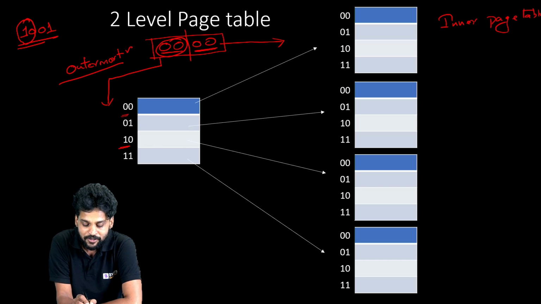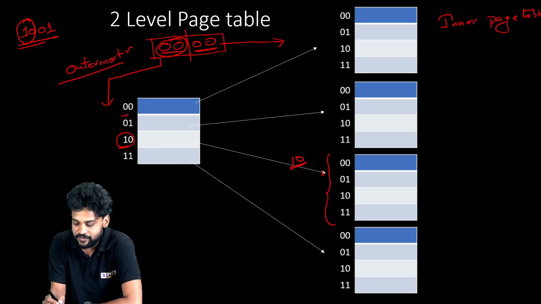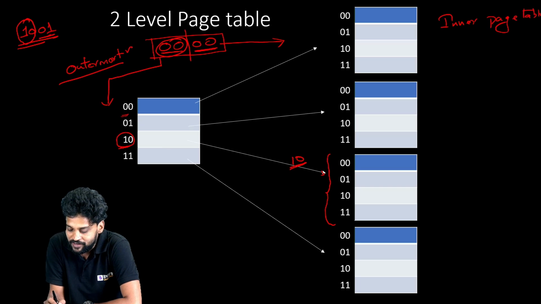Immediately, taking 10, as we have a pointer, the control will go to the corresponding page table. This all refers to the 10 page table, right? So immediately the control will take us to the inner page table of the outer page value 10. In the inner page table, which value do we require? 01 value we require. So 01 will get located.